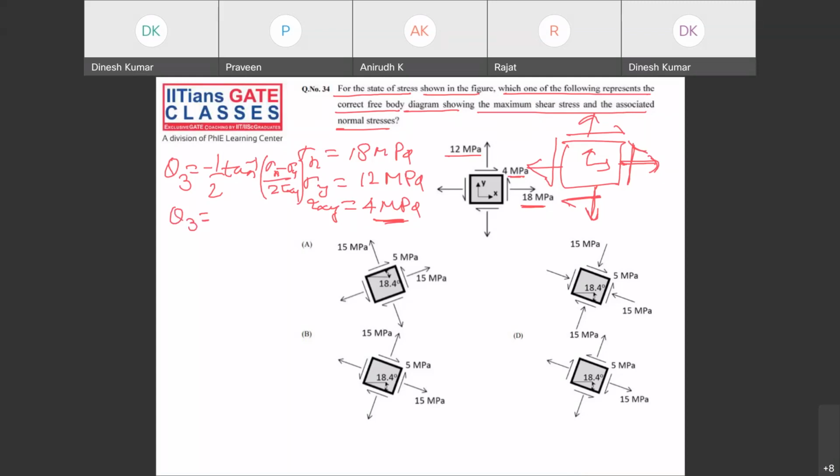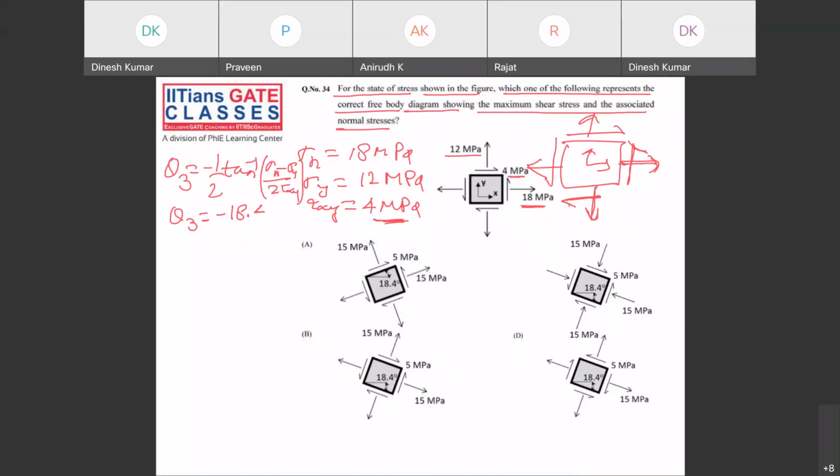Plane of max shear, how much is it coming, guys? It is coming as minus 18.43. Now guys, as per this, when theta is positive, is it clockwise or anti-clockwise?